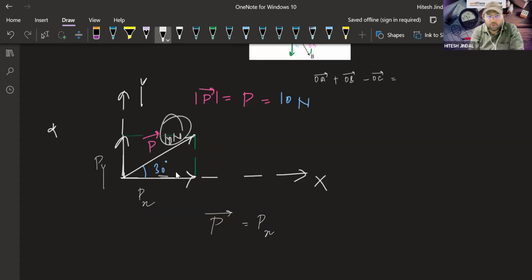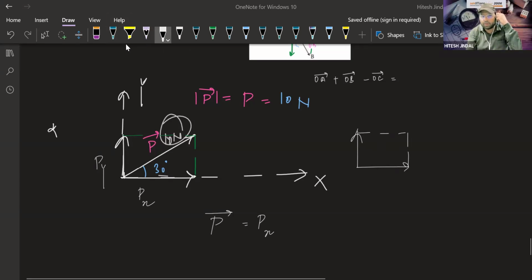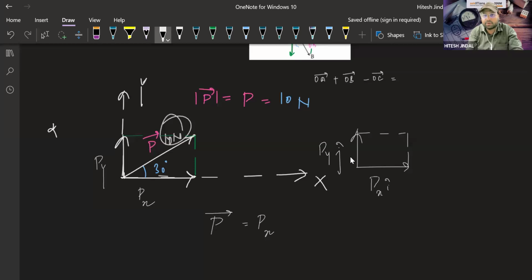You see, this is a parallelogram only. This vector and this vector, if I make a parallelogram, it is in the shape of a rectangle. So this Px i cap is a vector, and this vector is Py j cap.